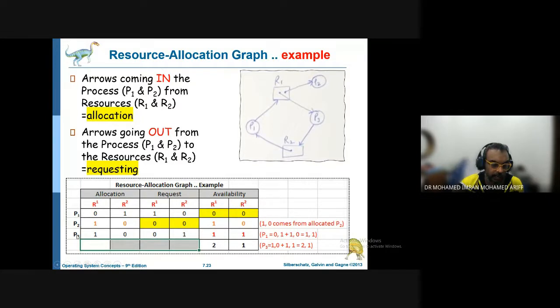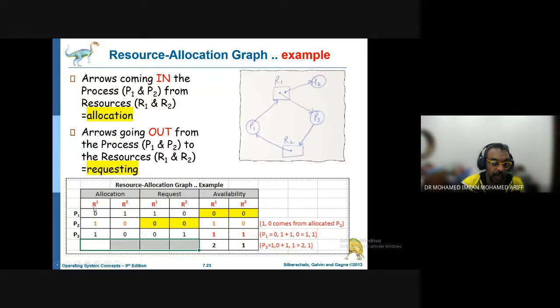Here we have the processes and here we have the resources, R1 and R2. So for allocation, P1 is zero for R1, meaning it is not being allocated anything from R1. Dia cuma diberi allocation daripada R2. That's why R1 ialah sama dengan kosong.